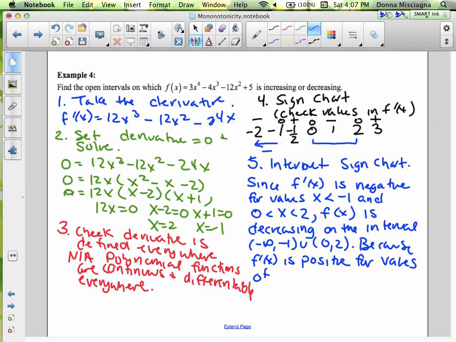I'm going to write values of x, and then this just means such that. I like to use different vocabulary sometimes.